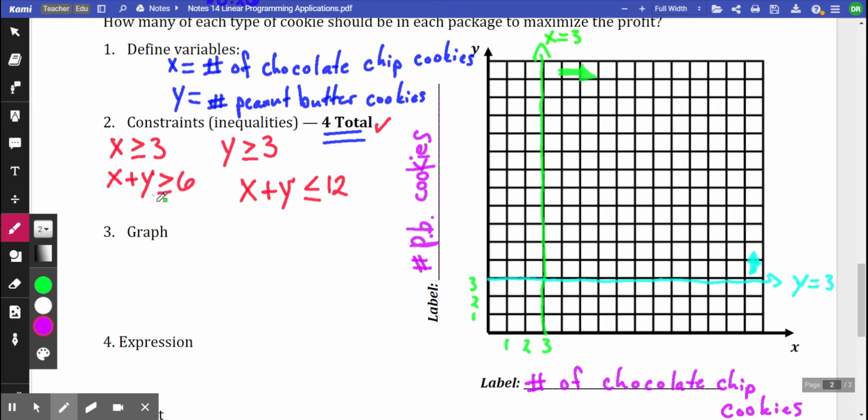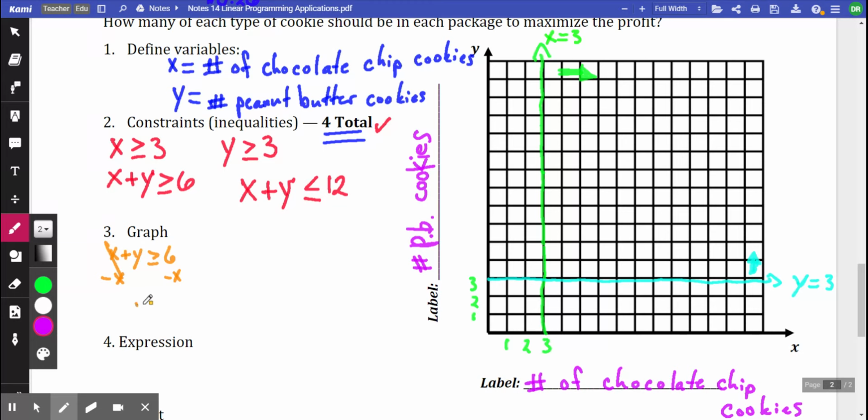We do need to graph this line here, and that is what this space underneath is for. When we graph, we like that slope-intercept form where y is by itself. So here's x plus y is greater than or equal to 6. Let's subtract x on each side to get y by itself.